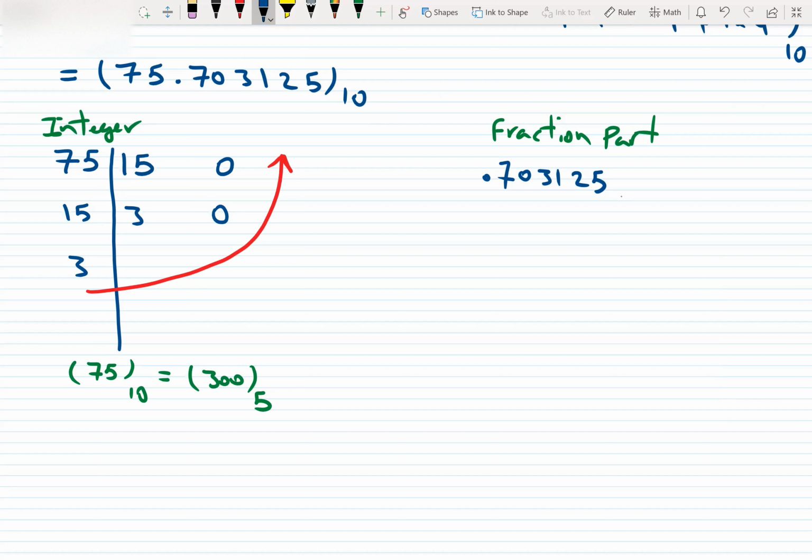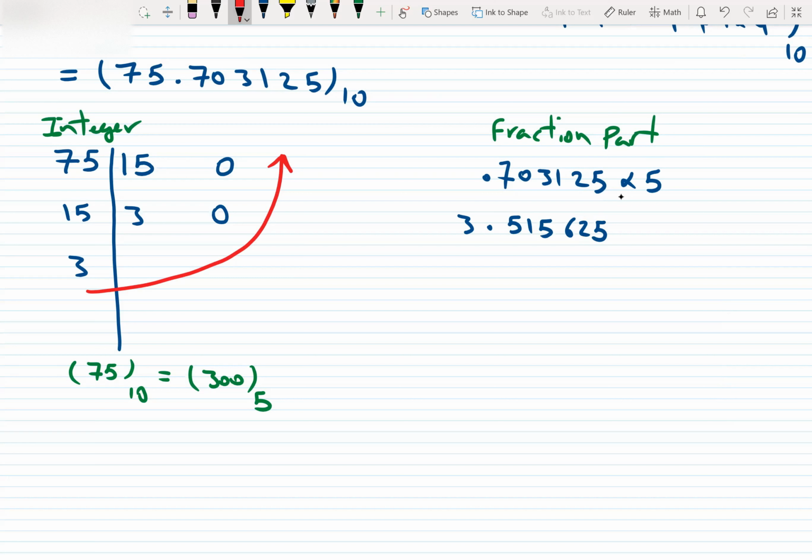For the fraction part, we know that instead of dividing, we multiply the fraction part by the base. So 0.703125 times 5 is equal to 3.515625.